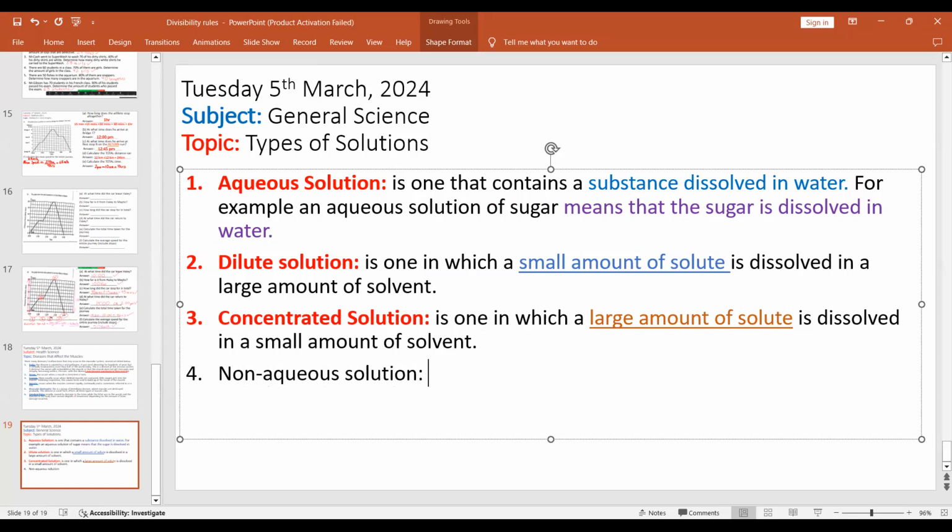That means that the solution has solvents other than, we could say, the solvent of this solution is not water.